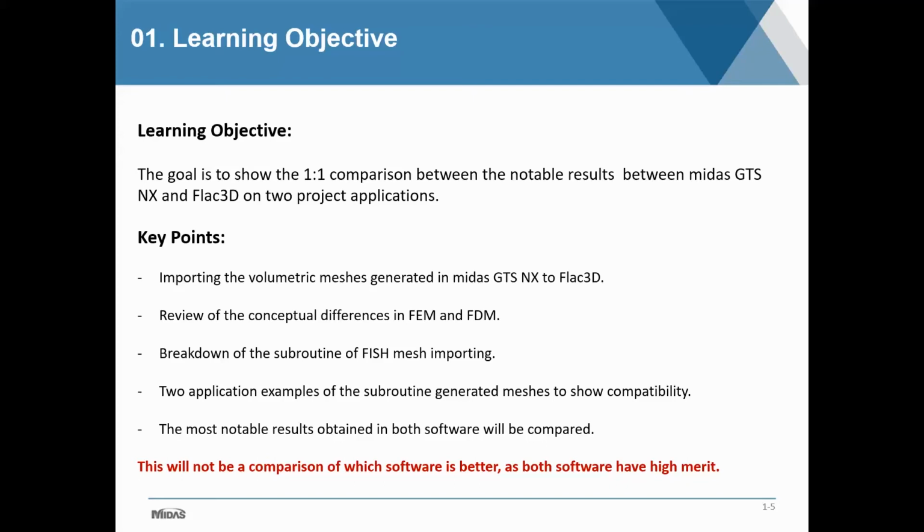And then I'll also review the conceptual differences between the two methods, the FEM and the FDM, as well as break down the fish subroutine used for importing the mesh into Flac.